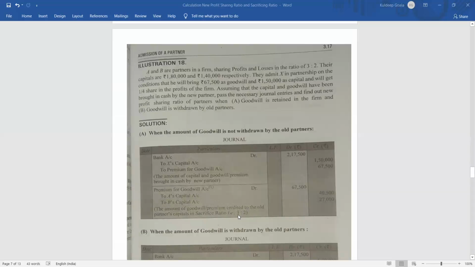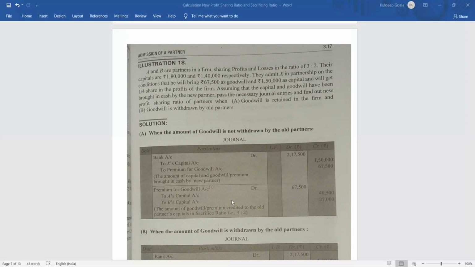Now try to understand that whenever the premium for goodwill is given, what you have to do is find out what amount of money the new partner is supposed to bring for goodwill. Every time, the premium for goodwill will not be equal to the amount he is supposed to pay.